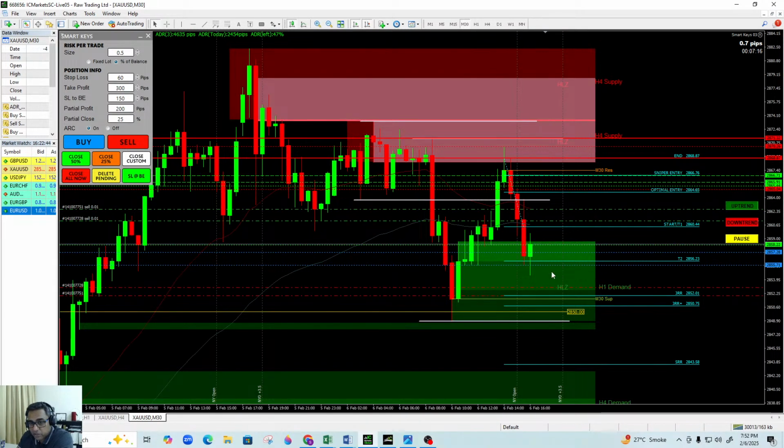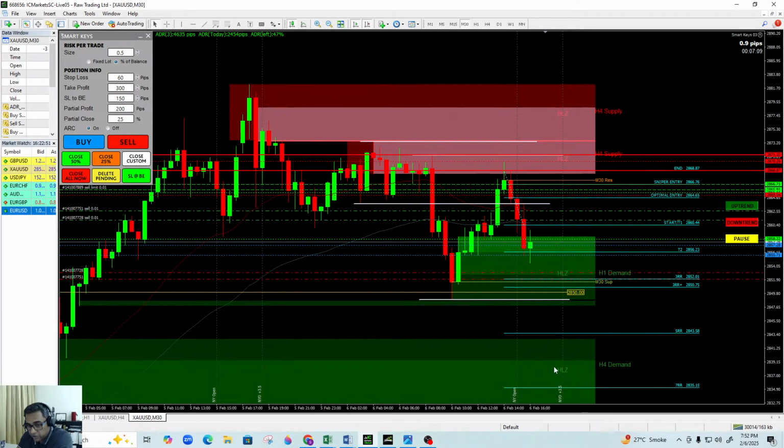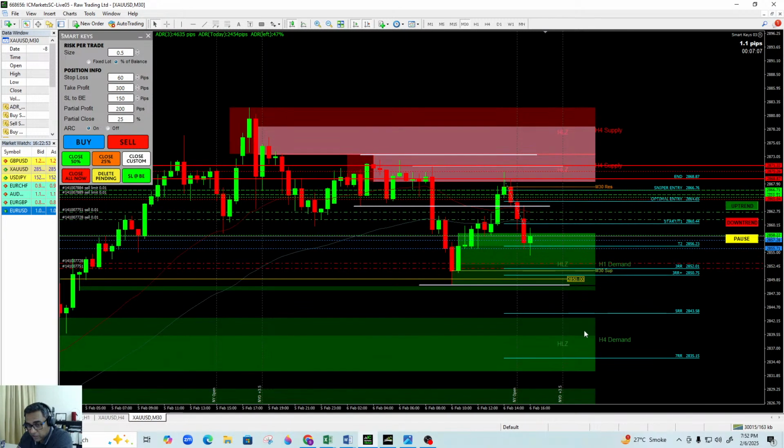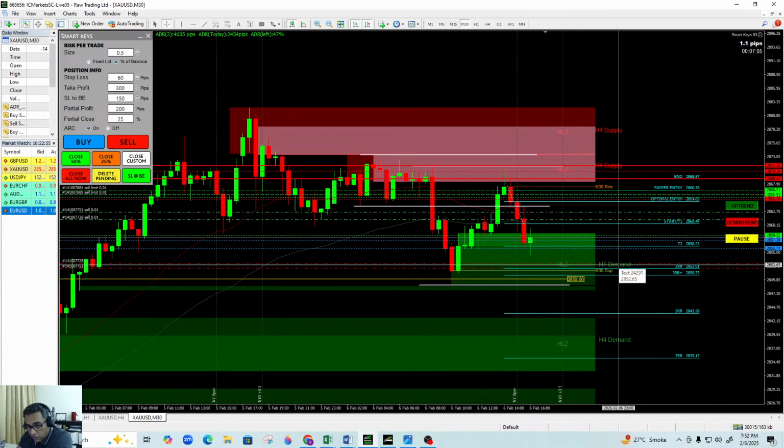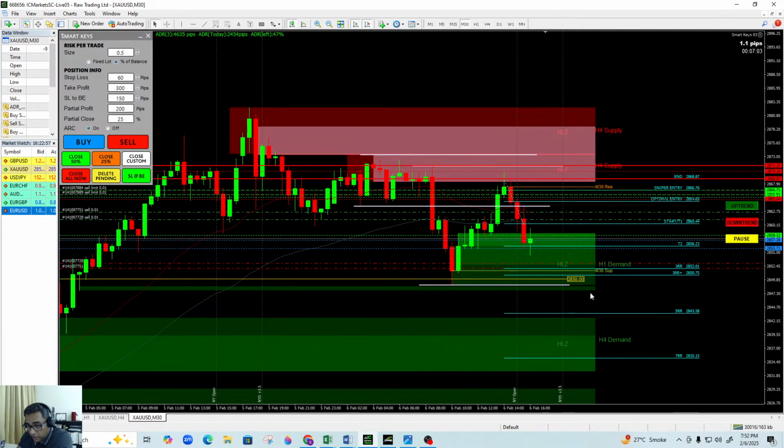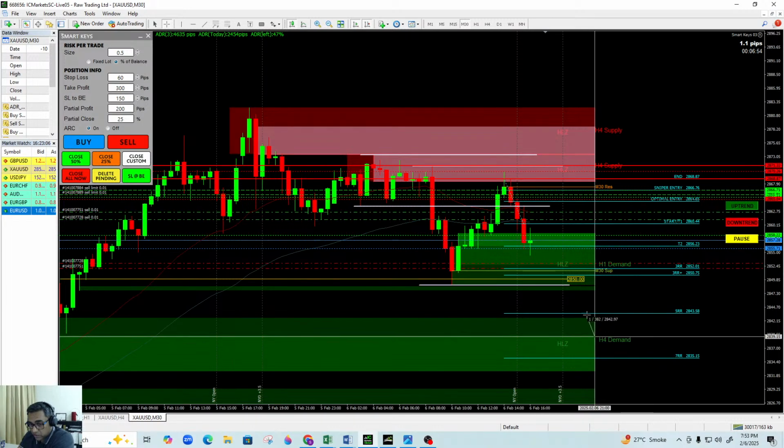So wait for M30 support to form either at the liquidity candle or at the BRN, or if price drops further down, then the next area is this. Once we break this candle low, I said this at the beginning, once we have a 15-minute close below or a 30-minute close below 2850, we're heading to this, which is another about 115 pip drop, from 2850 to this liquidity candle.